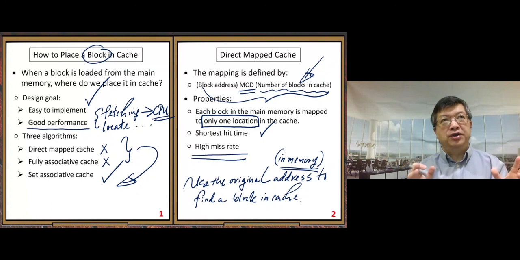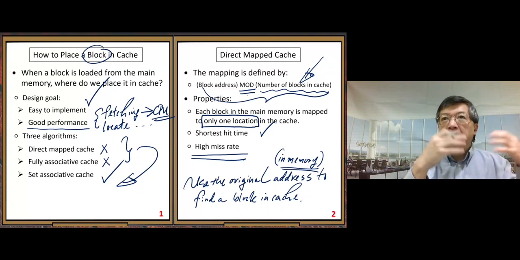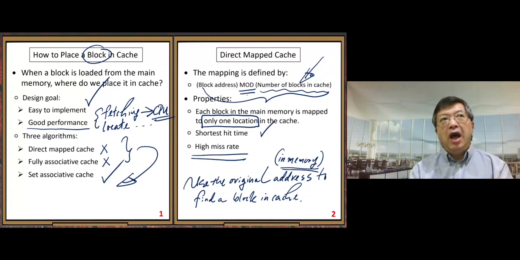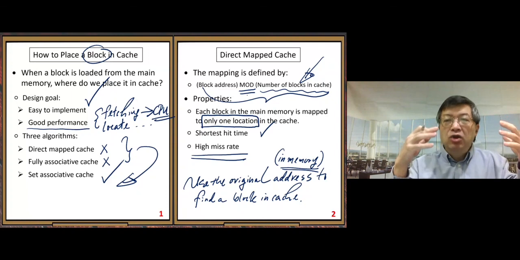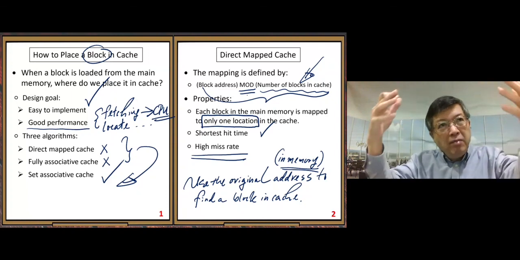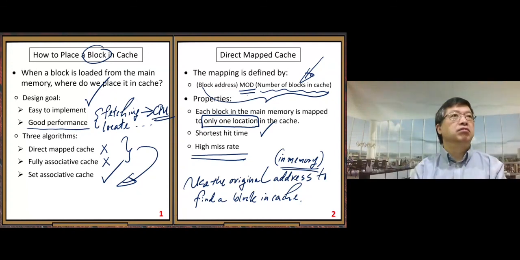This will cause a high miss rate, because too many old blocks are kicked out of the cache, and too many blocks need to be reloaded from main memory into the cache.